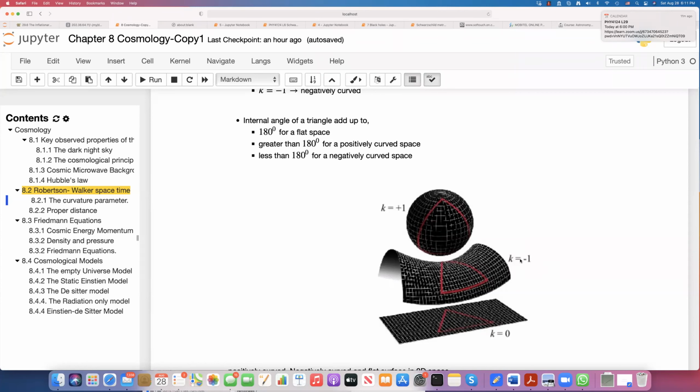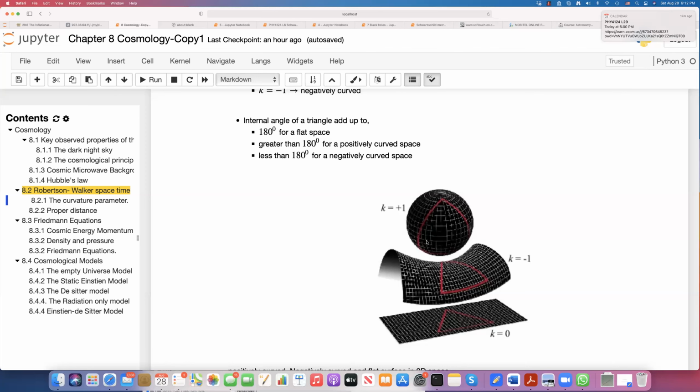And the two other options for the curved surfaces are K equals -1, which is the negatively curved space, which has a shape something like this. And the sum of the three angles will be less than 180 in that case. Now for a positively curved space, if you add up these three angles, that will be greater than 180, right?